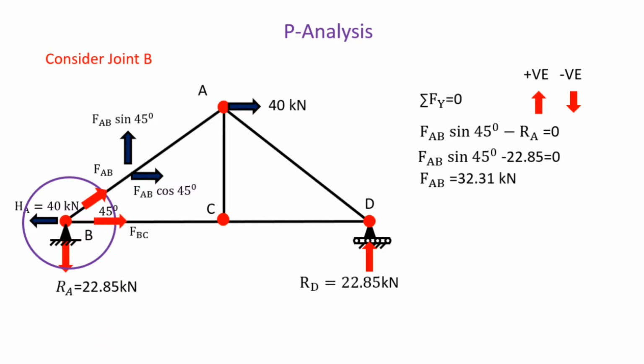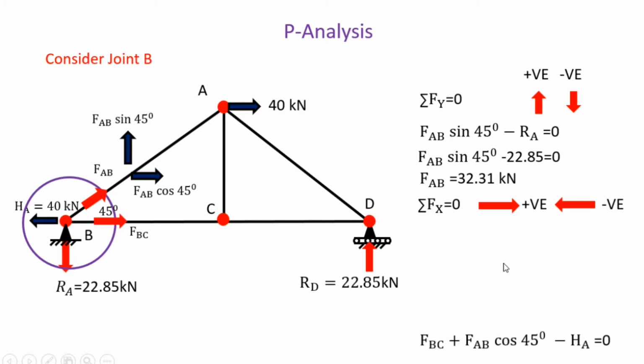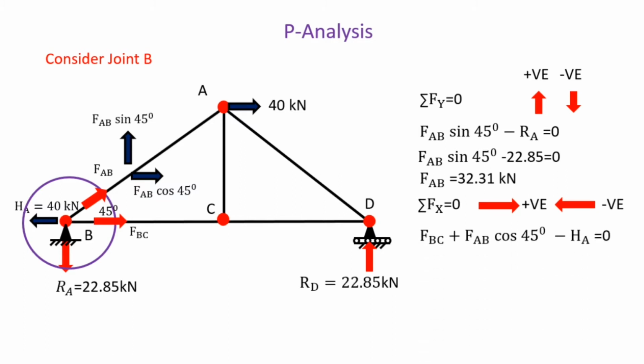Then the next force is the FBC force. Assume the direction of that FBC force is away from the joint. Now this force is horizontal, so we are taking the sigma Fx condition, towards right plus, towards left is minus. Here FBC is towards the right, that is why the plus.